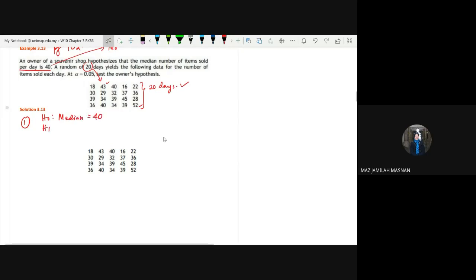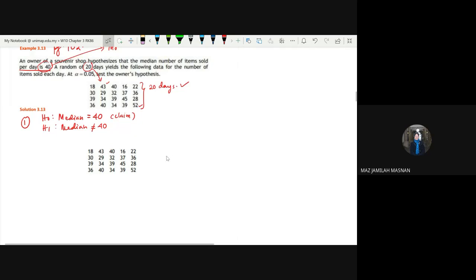Now look at the statement: an owner of a souvenir shop hypothesizes that the median number of items sold per day is 40. So equal to 40 means this is the claim. And of course, when you are testing equal to, the alternative would be not equal to.